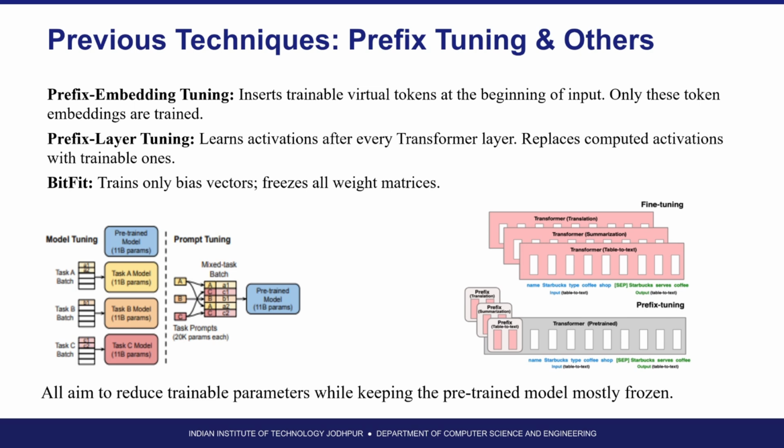Instead of just the input, it learns activations after every transformer layer, essentially replacing computed activations with trainable ones. And there is another very simple method, BitFit. It trains only the bias vectors in the model and freezes all the weight matrices. All of these share a common goal: reduce the trainable parameters while keeping the pre-trained model mostly frozen. But as we will see next, each of them has significant limitations.